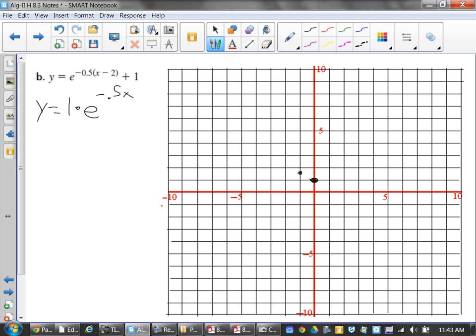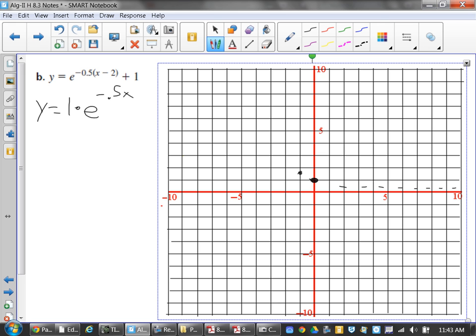So your parent function is going this way. My parent function asymptote always goes through 0; it will always be y = 0.